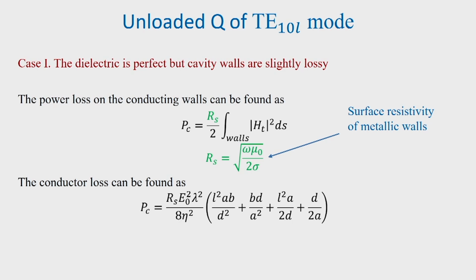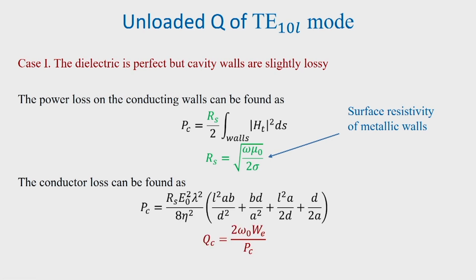So, when we substitute these tangential magnetic field components in this expression and find the power loss in the individual walls and then add them together, this is the expression for the conductor loss.